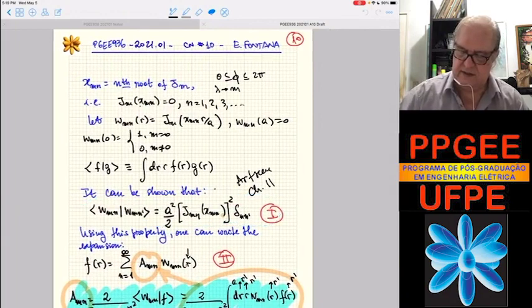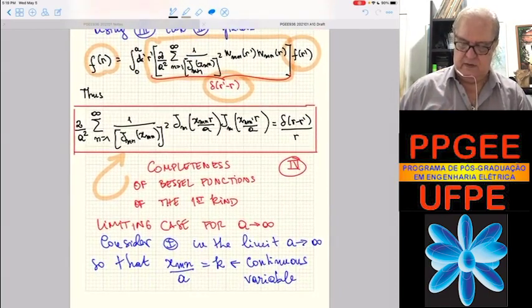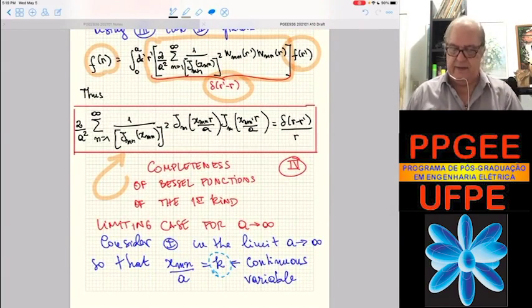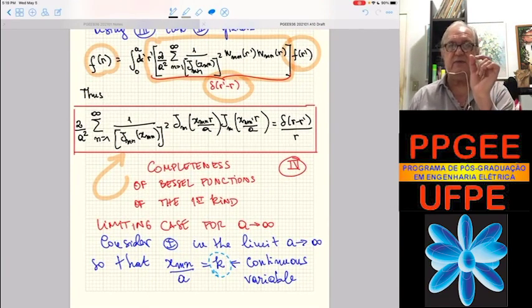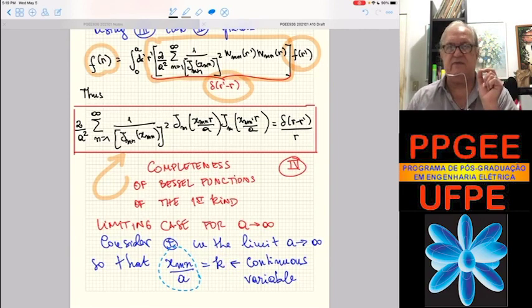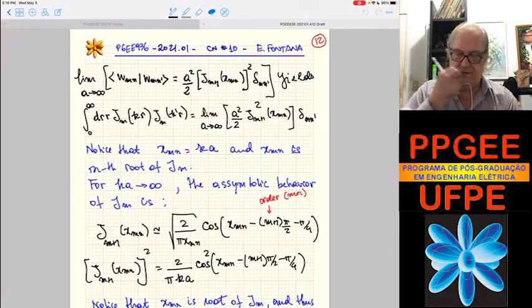For a very large a, we're going to set xmn over a equal to a continuous variable k. Why? Because the distance between roots for a very large a, the increment in this number for large a is a differential change in k, right? So that's why we have that.